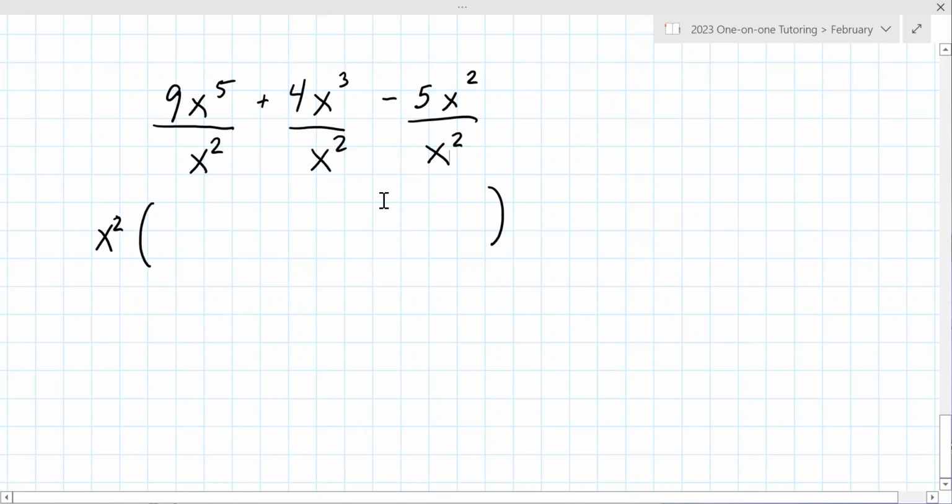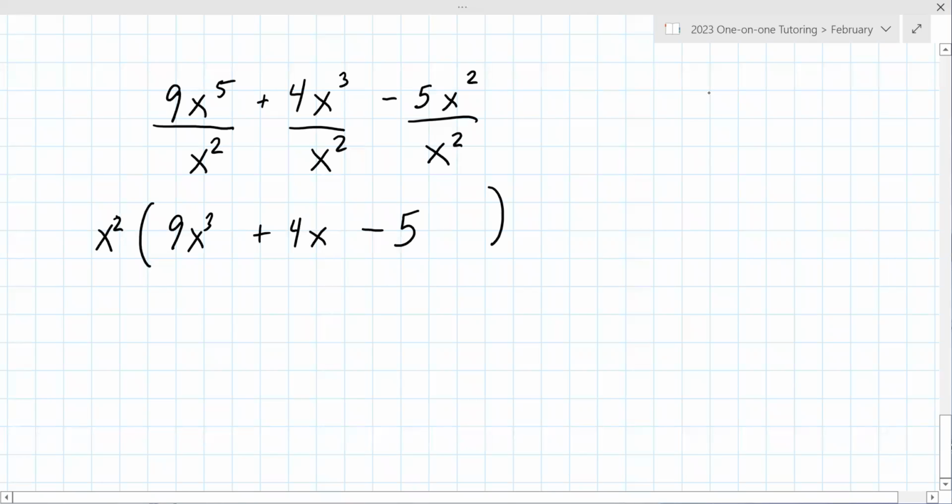So I'd like you to try working this out and telling me what goes in parentheses down here below. 9x cubed. Good. 4x. And then minus 5x.